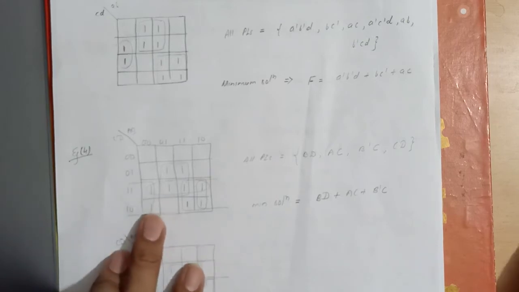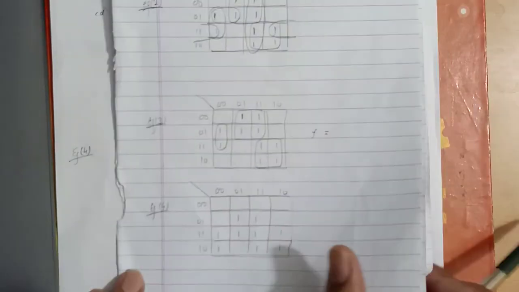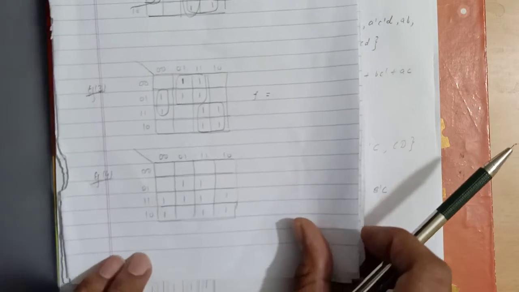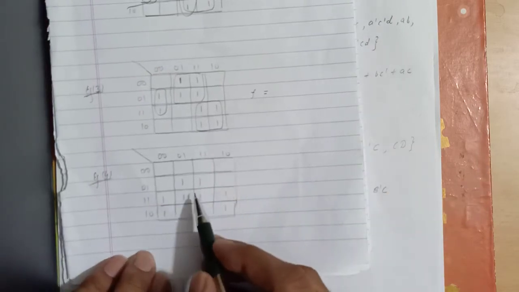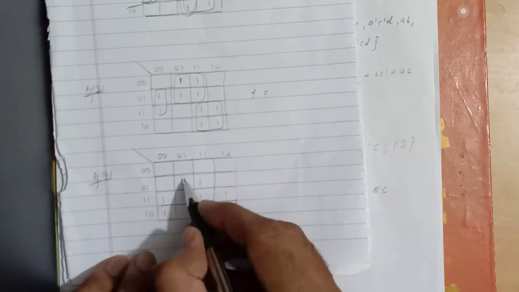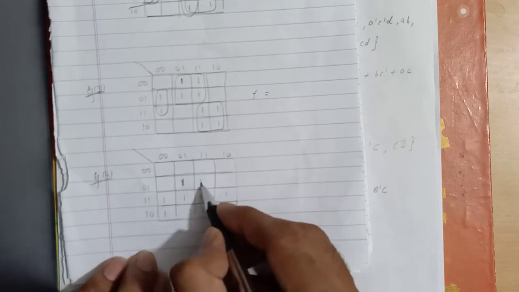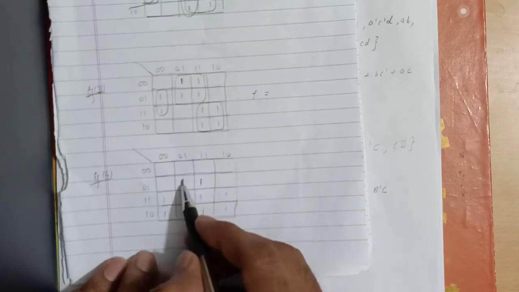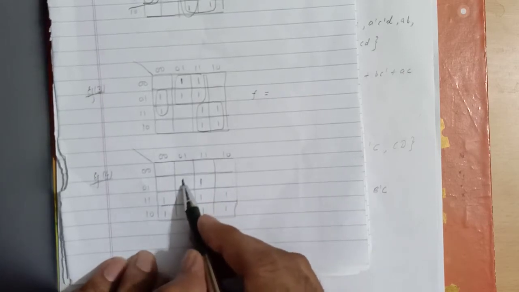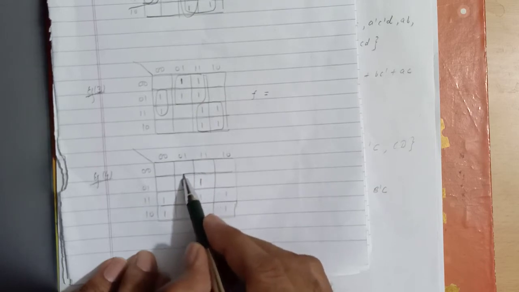Also we can look at this example, example 4. If we look at the prime implicants, this one cannot be part of any group of 8 ones, so it is this.